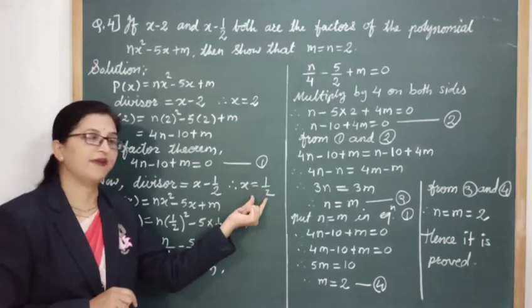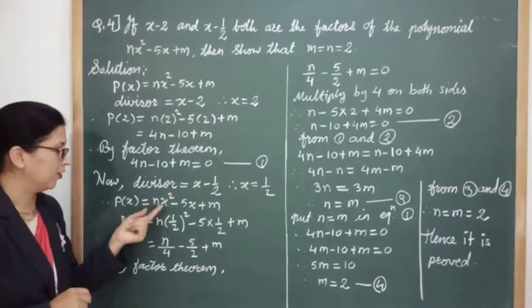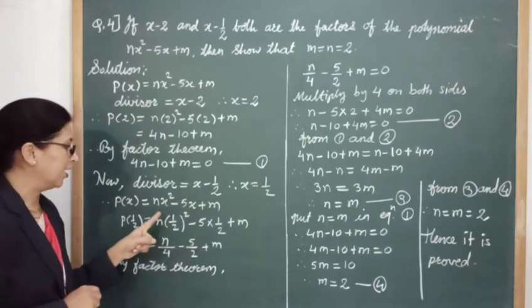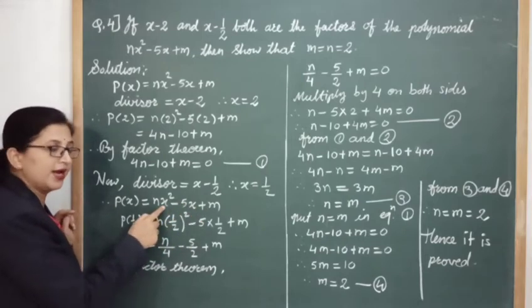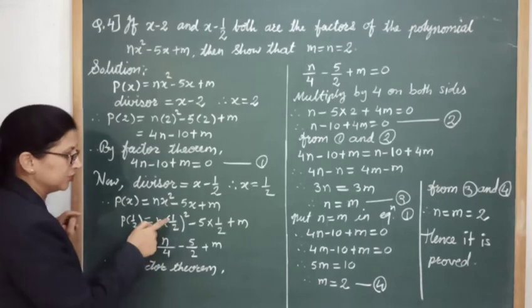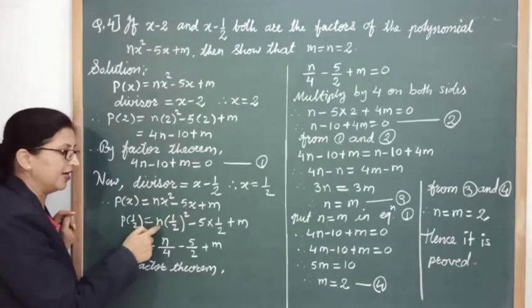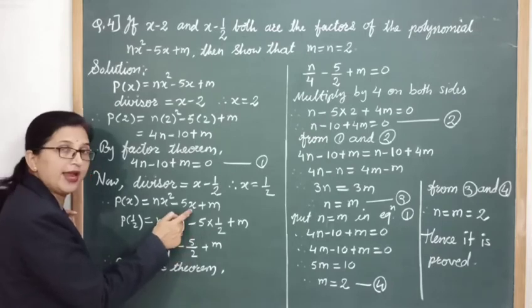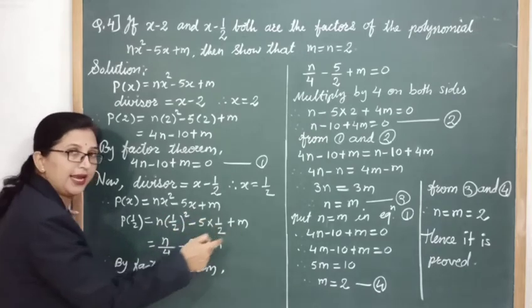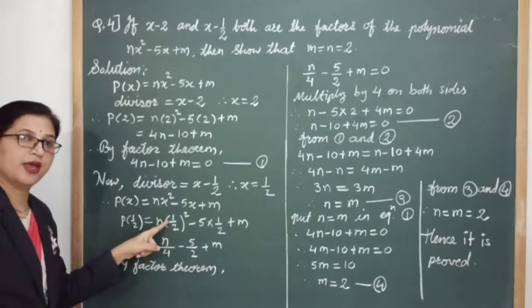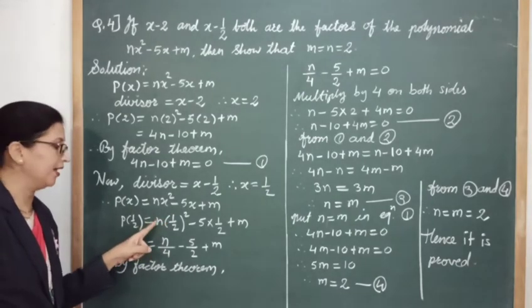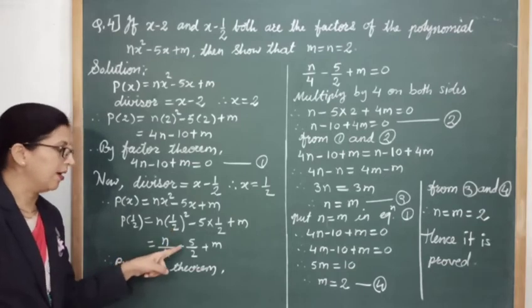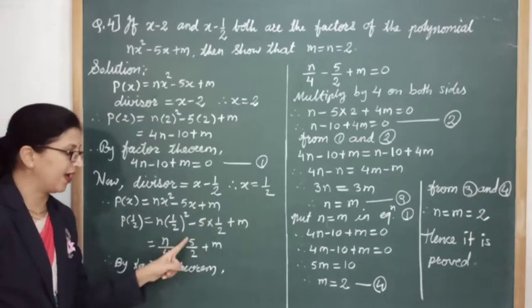Let's put this value of x in the given polynomial, nx square minus 5x plus m. Put x as 1 upon 2: n into (1 upon 2) square minus 5 into 1 upon 2 plus m. The square of 1 upon 2 is 1 upon 4, so we get n upon 4 minus 5 upon 2 plus m.